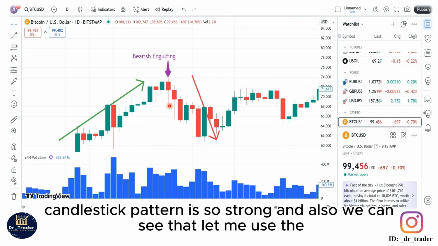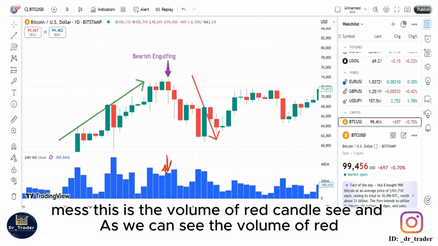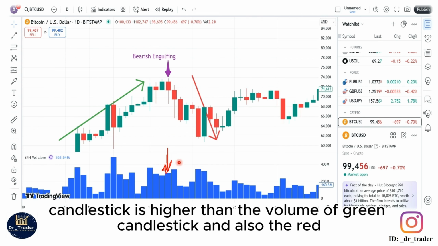And also we can see that, let me use the pen. This is the volume of the red candlestick, and as we can see, the volume of the red candlestick is higher than the volume of the green candlestick.